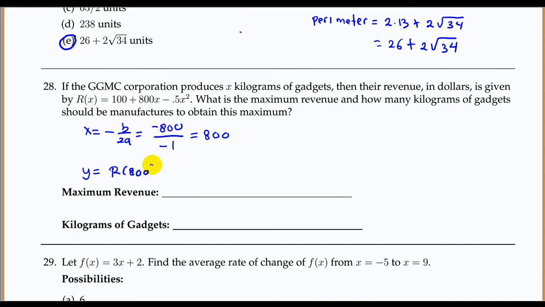So r of 800 is 100 plus 800 times 800, 800 squared, minus 0.5, one half, 800 squared.